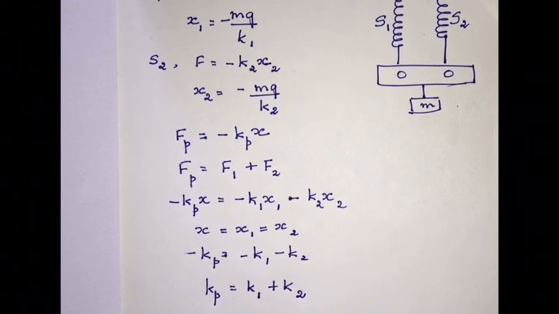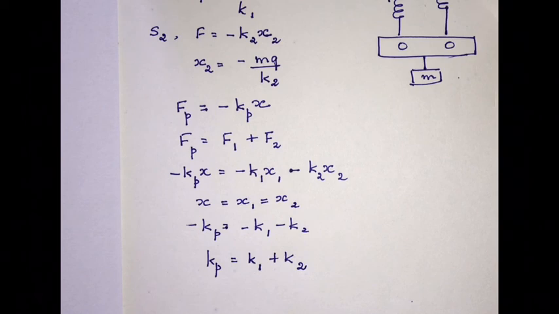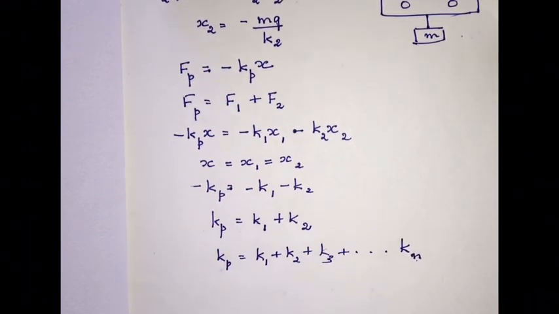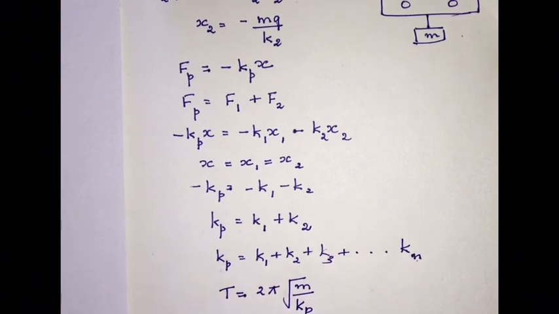If I have many springs in parallel, then I can write the same equation as Kp is equal to K1 plus K2 plus K3 and so on for n number of springs. The time period for the oscillations when many springs are put in parallel is given by T is equal to 2 pi square root of m by Kp, that is the equivalent force constant for springs in parallel combination.